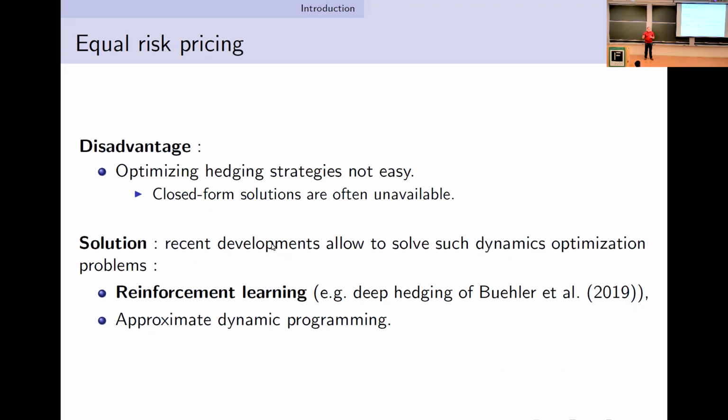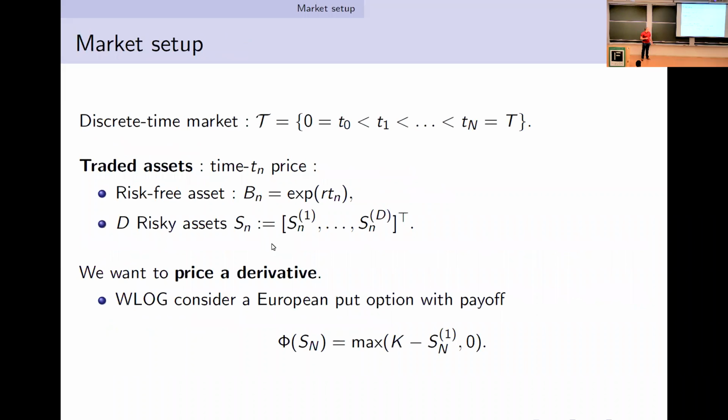Okay, so you can use reinforcement learning, or you could also use dynamic programming procedures to solve these, but we relied on reinforcement learning. And we had a scheme which kind of resembles the scheme from the Buehler paper, the deep hedging paper, but with small modifications to the numerical approach.